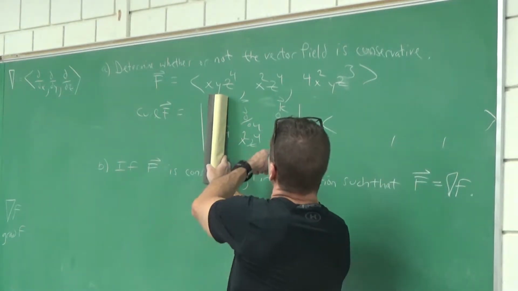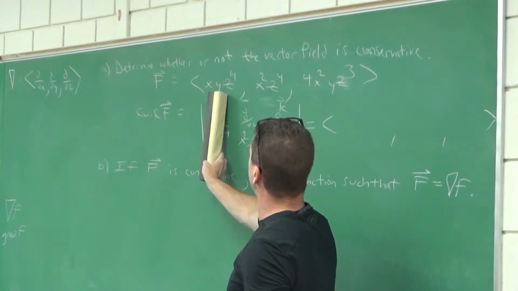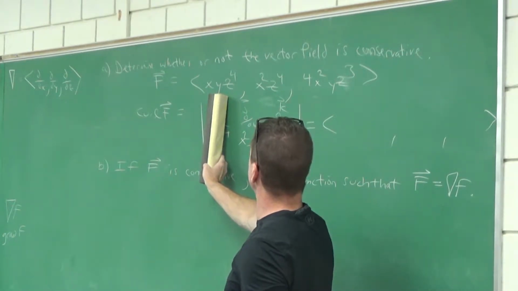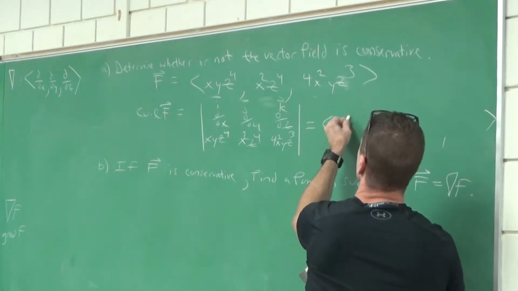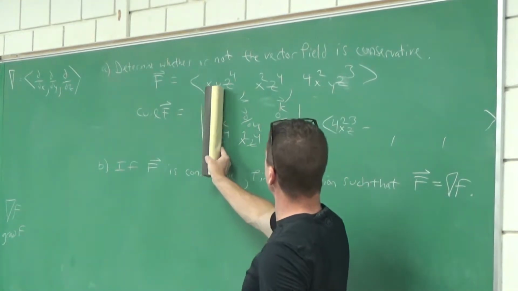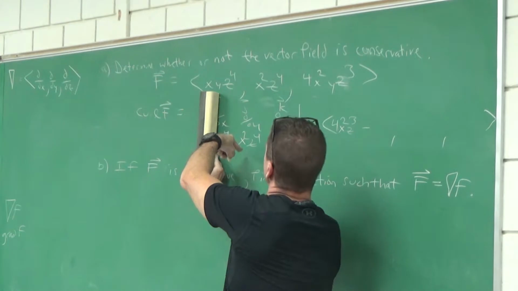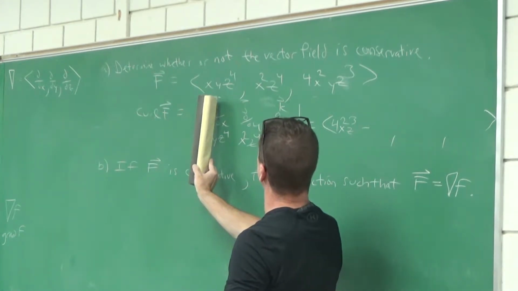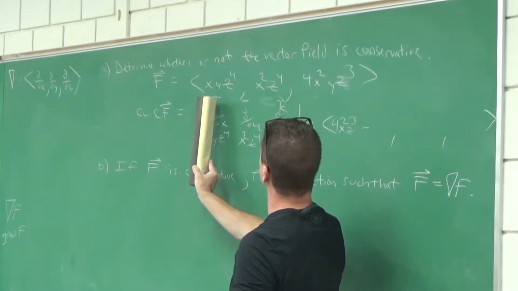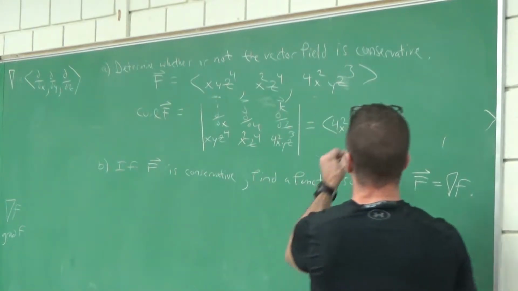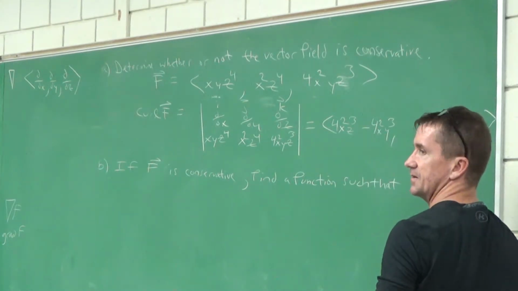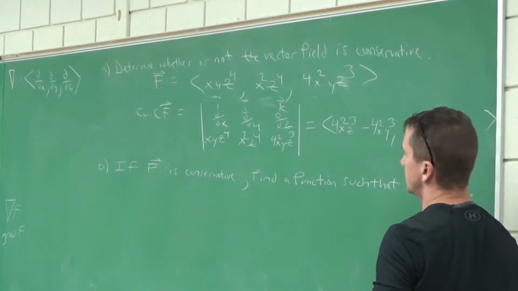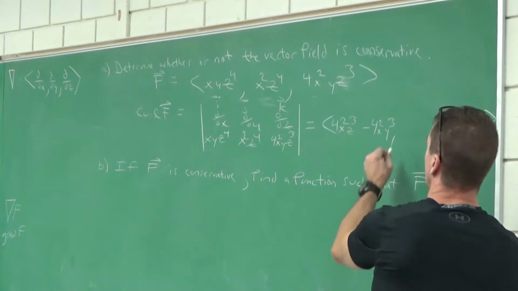What's the partial with respect to y? 4x squared z cubed. Subtraction sign. That made the partial with respect to z: 4x squared z cubed. Hey, maybe this is conservative. That's 0, isn't it? Try the middle component.